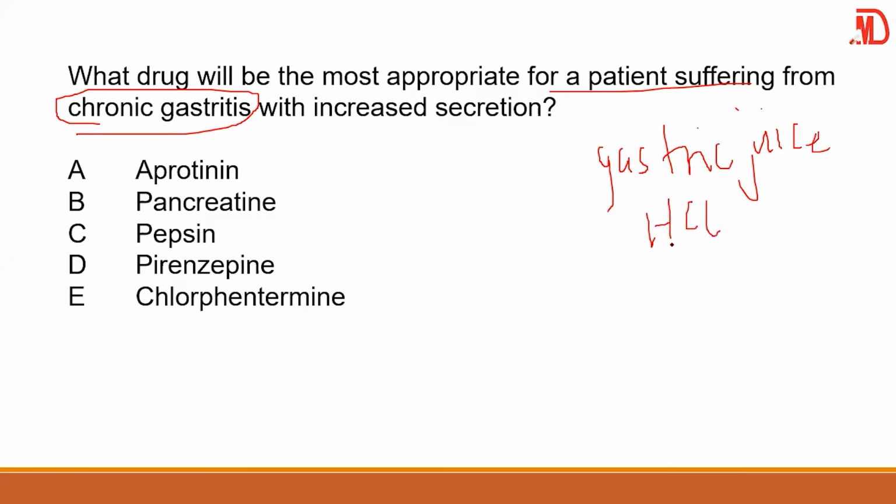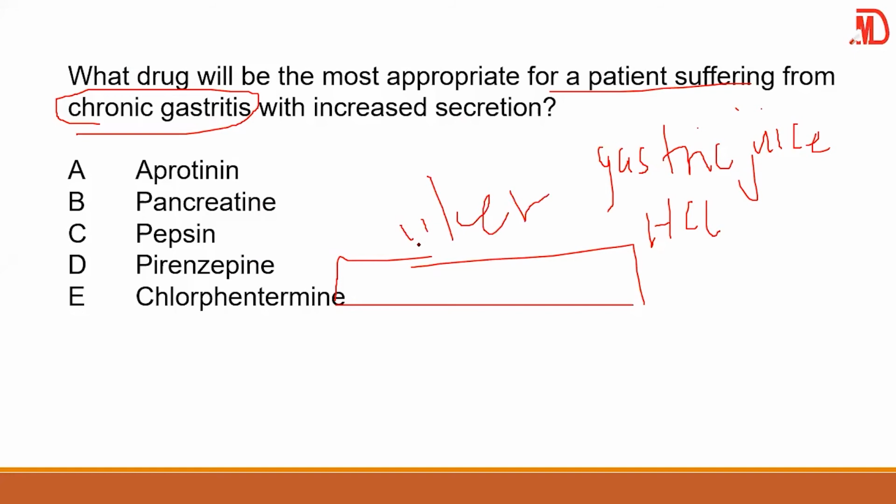Now this HCl is acid, and acid is not too conducive for the mucosa lining. So the acid begins to destroy the mucosa lining, and that's why we develop ulcer. Erosion will take place. So this person will definitely develop an ulcer.